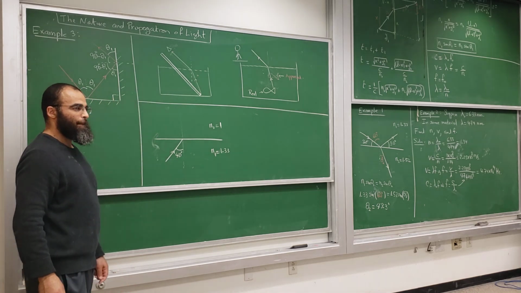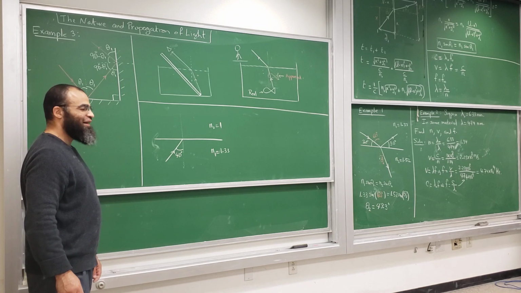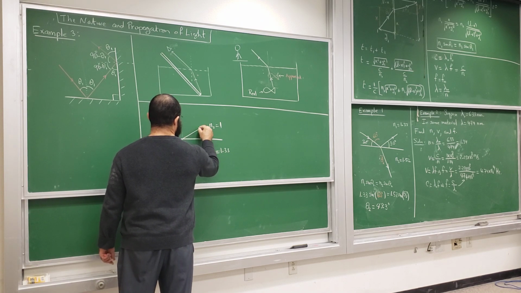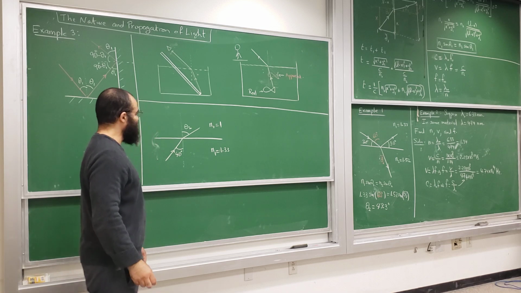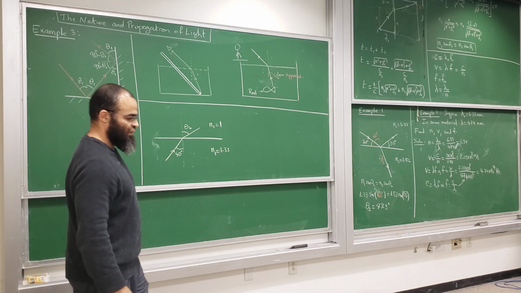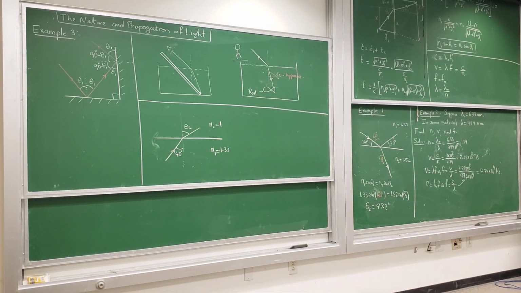No, it's going to be away. It's going to be away? Yeah, it is going to be away. Yeah, so why don't you calculate that? Why don't you calculate theta 2? Give you a moment. Use your calculator. Should be more than 40.